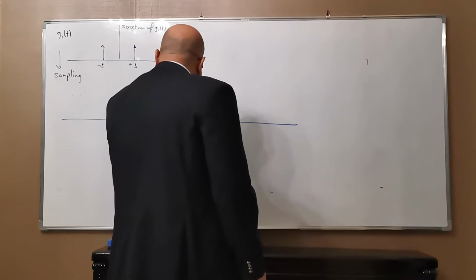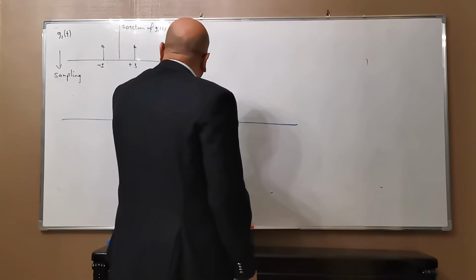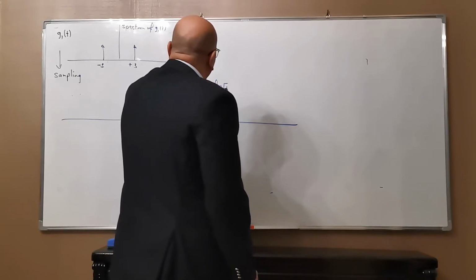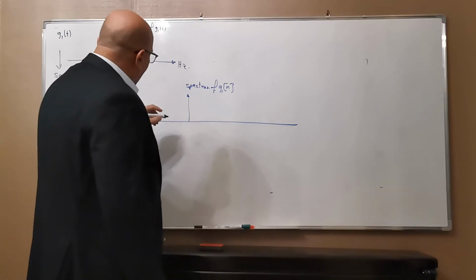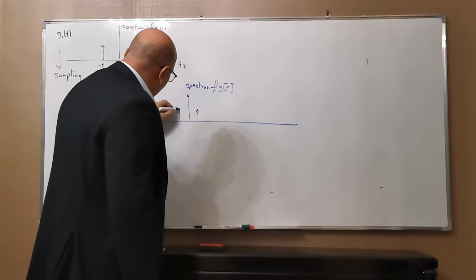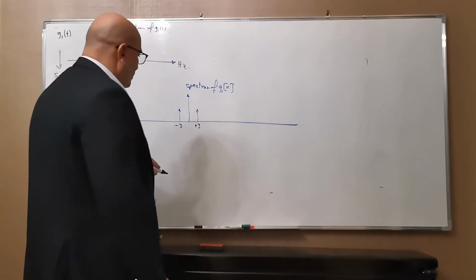If this is my 0, this is the spectrum of G1 of n. What will happen here is that we will have an impulse at +3 and -3.